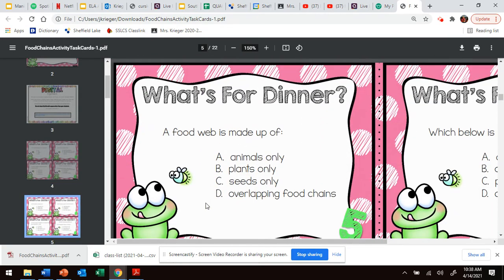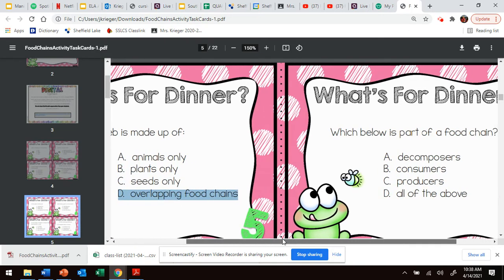Number five, a food web. Web is made up of animals only, plants only, seeds only, or overlapping food chains. Food web. It is D as in dog, overlapping food chains.